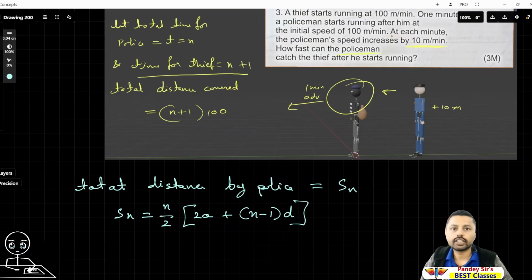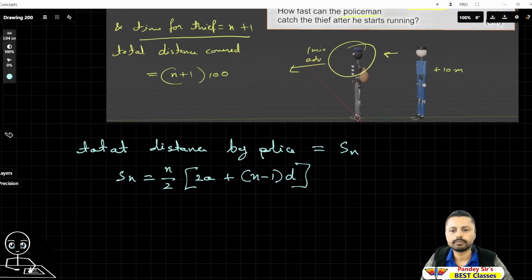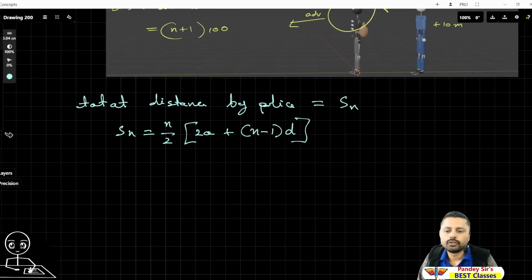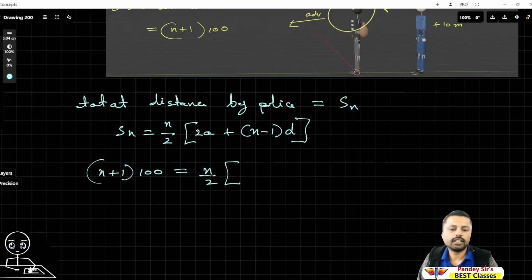Now keep in mind that the distance is obviously equal to this, so we'll use this value as well. So n plus 1 in bracket 100 equal to n by 2 in bracket, now a was 100. So the speed at which they started was 100. So 2 into 100 plus n minus 1 d.